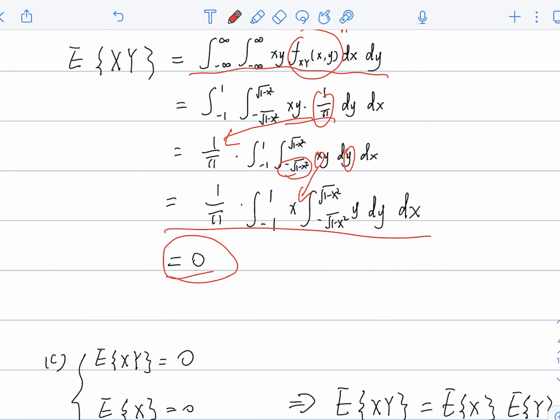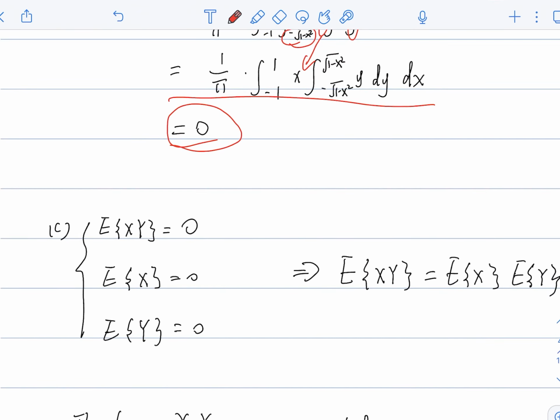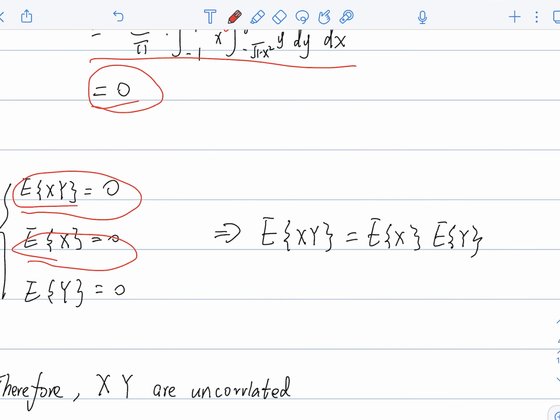The third question asks us to prove or disprove whether X and Y are uncorrelated. From the previous question we know that the expected value of xy is equal to 0, the expected value of x is equal to 0, and the expected value of y is equal to 0.